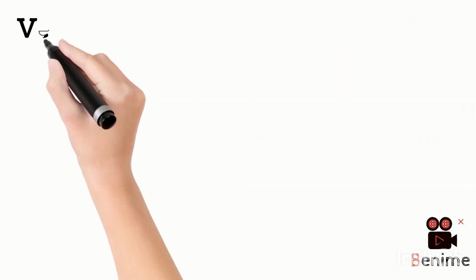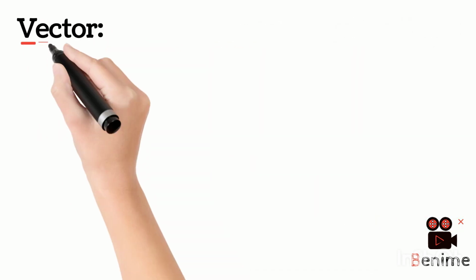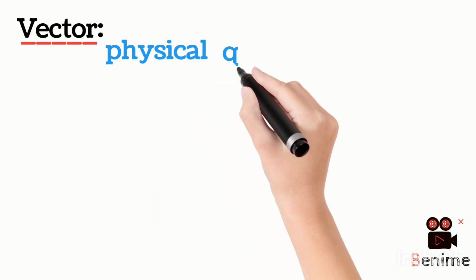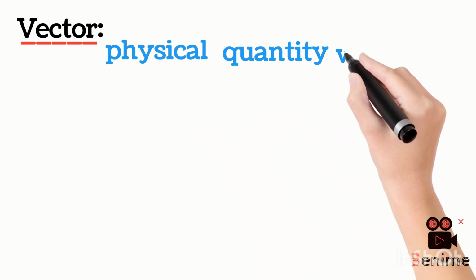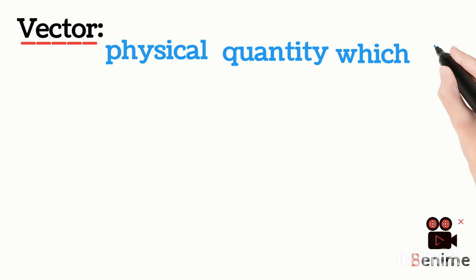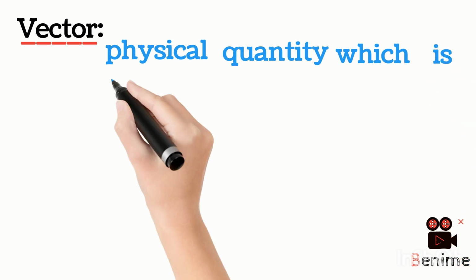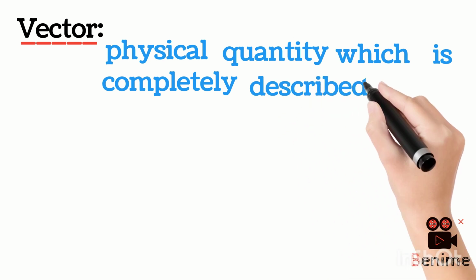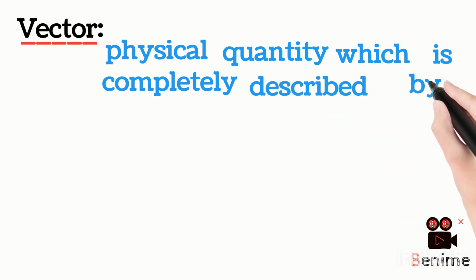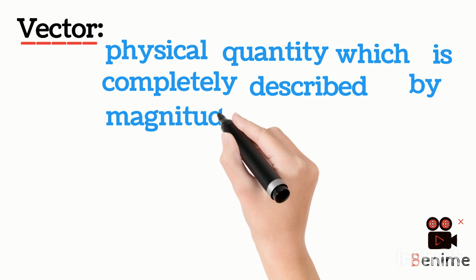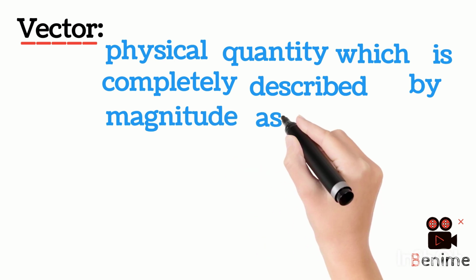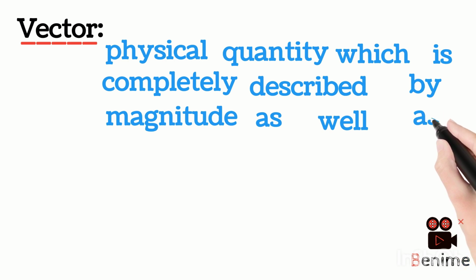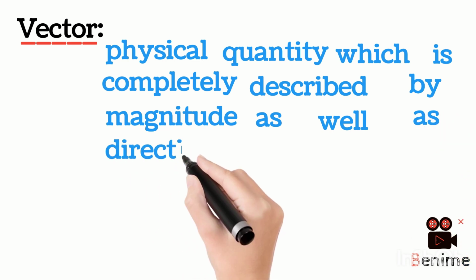Vector. A physical quantity which is completely described by magnitude as well as direction is called a vector.